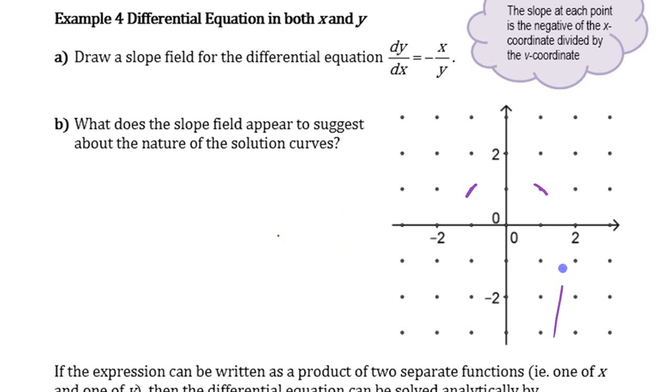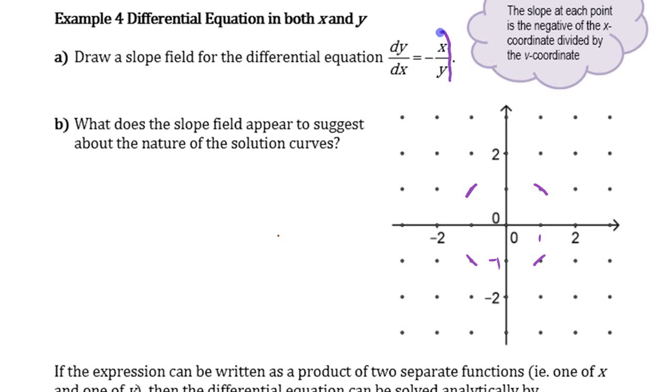I wouldn't do one row like I did, or one column like I did in the other one. I would do some related points. The next 2 points I would do would be those points, because I know that it's all ones involved here. This is 1, negative 1: 1 over negative 1 and make it negative. So this is positive 1. This is going to be negative 1. I would do some similar points here.